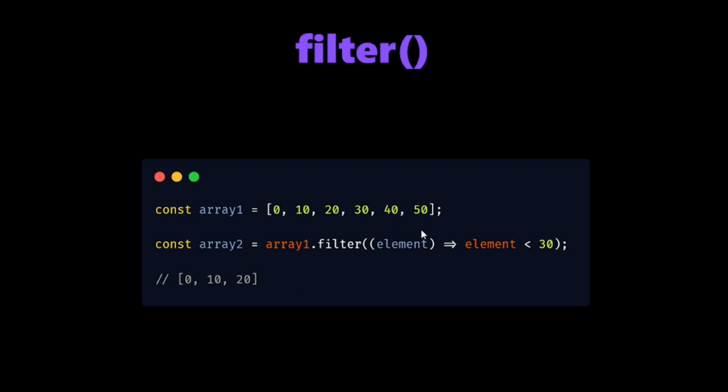We will need this array, we will need the filter method, the element which is each element of this array, and a callback function which will tell us what elements we want to return. And in that case, we want only elements which are less than 30. And this is our output of array second.